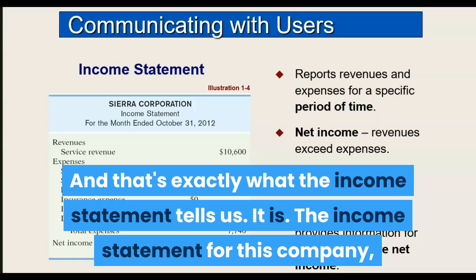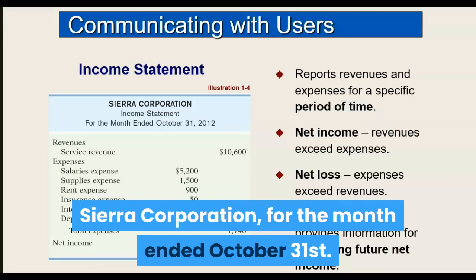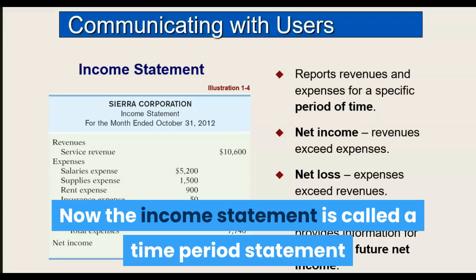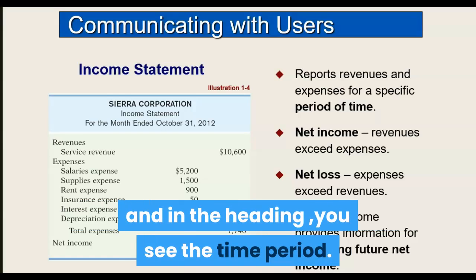It is the income statement for this company, Sierra Corporation, for the month ended October 31st. Now, the income statement is called a time period statement. And in the heading, you see the time period.